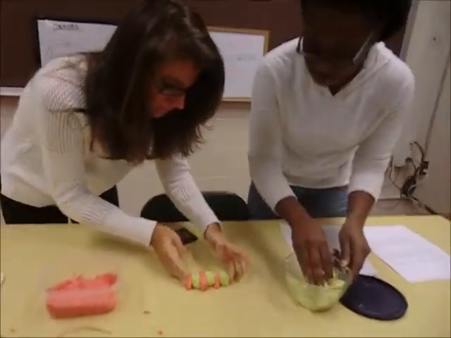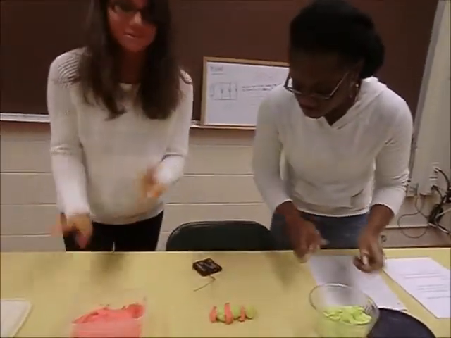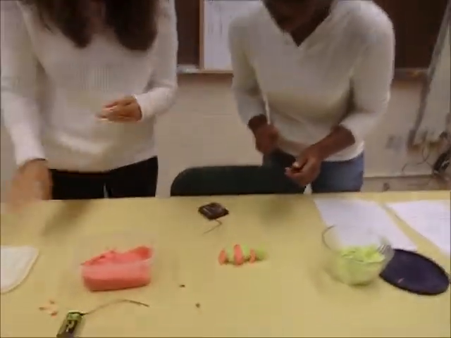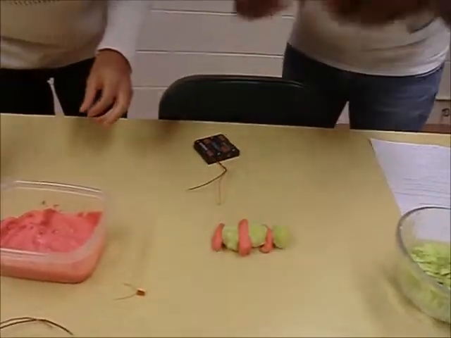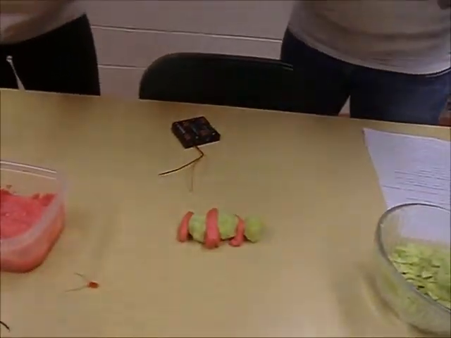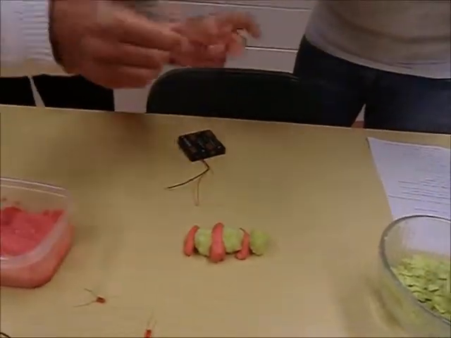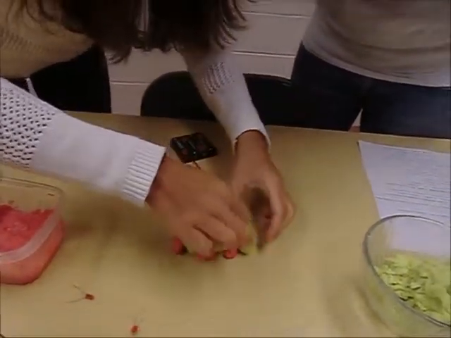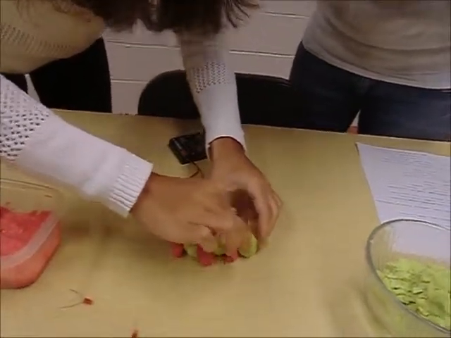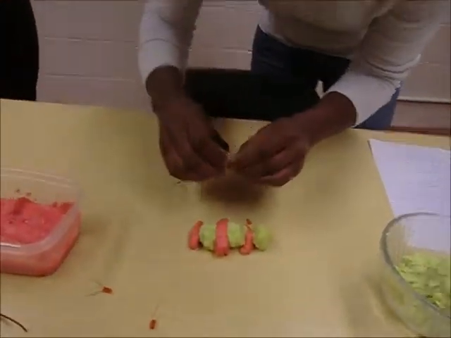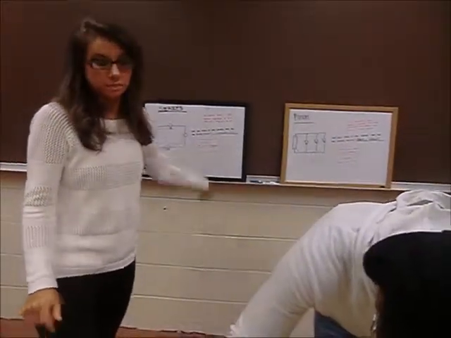Okay. So now we have our pretty little series circuit, and now we're going to put the lights in. So this is the longer, shorter. As you can see, remember that for a series, the entire current is always shared. So it's going to keep flowing.